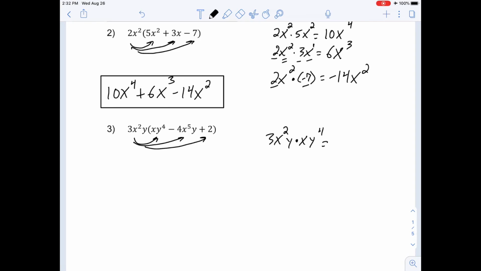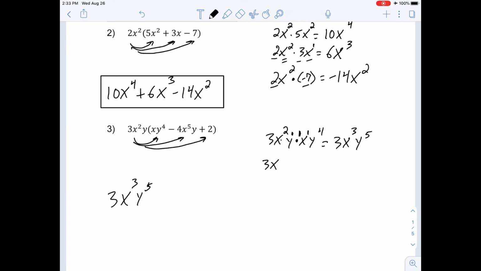So we have 3 times, there's a 1 over here, it's just not written, so 3 times 1 is 3. x to the 2nd times x to the 1st is x to the 3rd. Remember, you add the exponents. Now there's a 1 in front of the exponent for the y too. So y to the 1st times y to the 4th is y to the 5th. So that would be my first term in my answer.